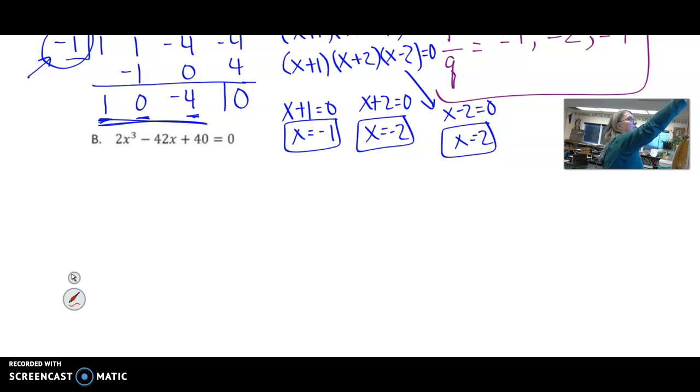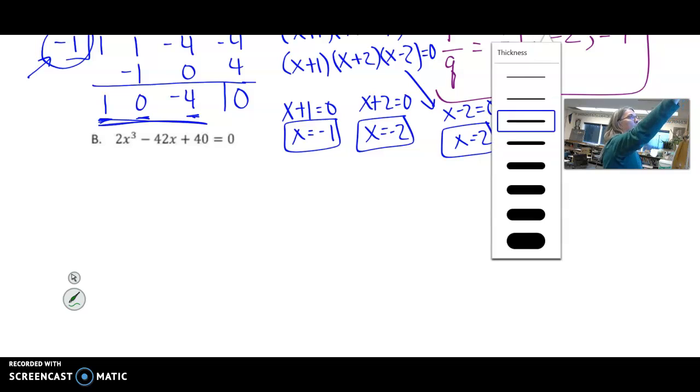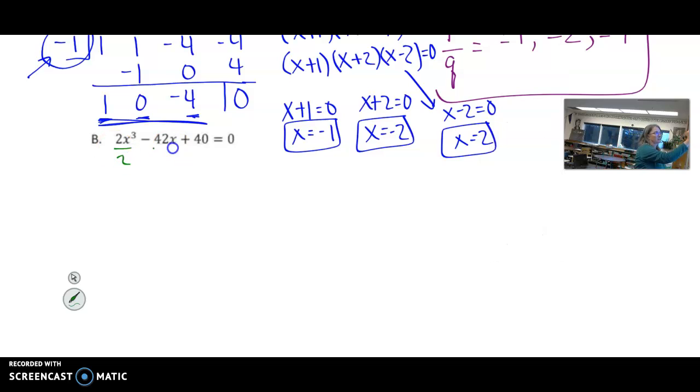Well, when you look at this, the first thing you always want to do is check whether there is anything common to all of the terms, which we have: all of these numbers are divisible by 2. So I'm going to start by dividing by 2, and it's going to make my life a whole lot easier. If I do that, I get x cubed minus 21x plus 20 equals 0.